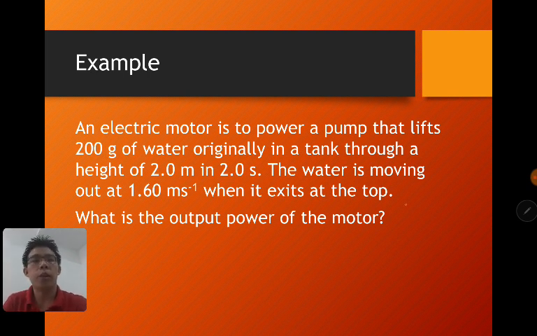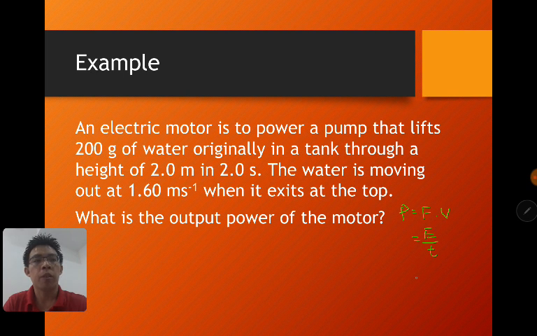So we cannot use F times v here because we don't have these quantities, whereas we can use the definition of power instead, which is energy divided by time. Energy here refers to the total energy that the water gains because the pump is giving it, per unit time.